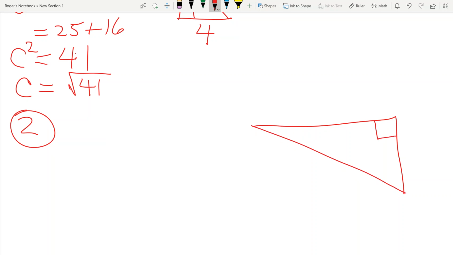That's a little better. So let's put some lengths on this and see if we can find the unknown side. Let's say that this one is 13, and this is 5, and this is 12.